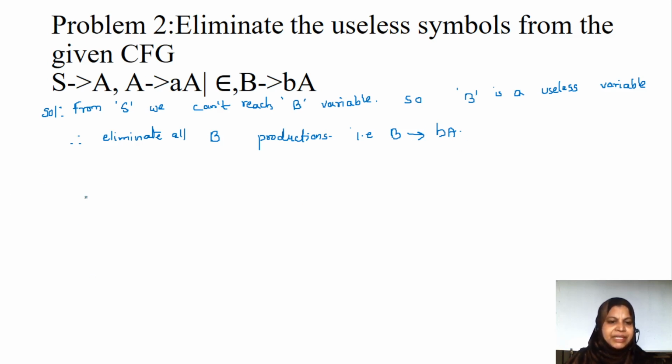The remaining productions don't contain any B. Therefore, now the productions are S tends to A and A tends to AA and epsilon.